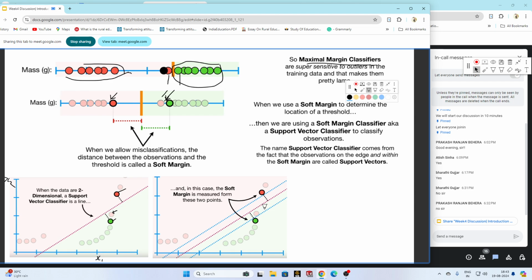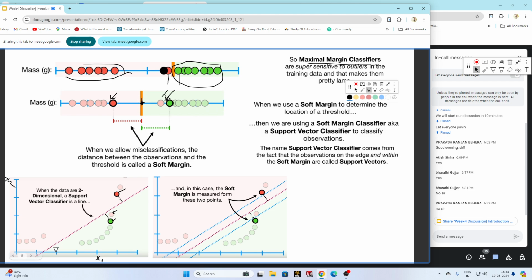Again we can separate our two classes with a line. Earlier we separated two classes with a point, because this is one-dimensional data. This threshold is actually a point on this dimension.